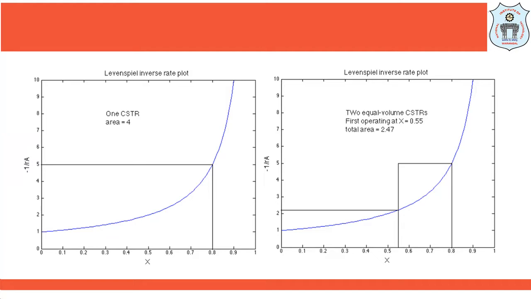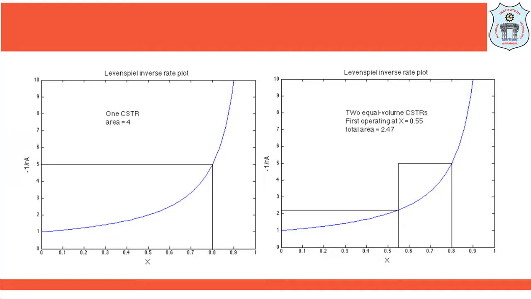Again, I repeat, remember that when you use a single CSTR and when you use two CSTRs, the flow rates are kept constant. So for equal flow rates, the total volume of the two CSTRs in series is 2.47 divided by 4, the area of the single CSTR, which comes to around 0.62. That is 62% of the volume of the single CSTR.